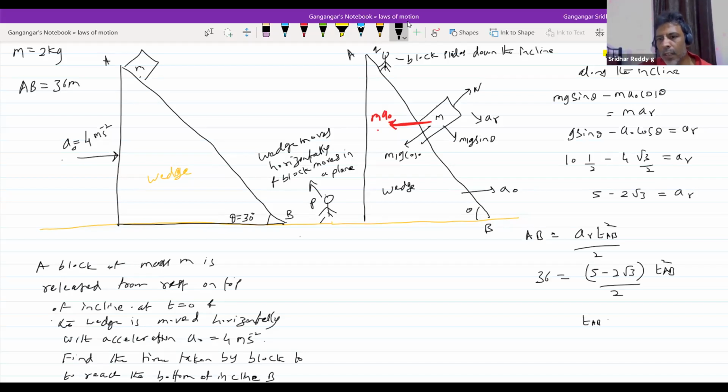So what is tAB? 72 by ar, the acceleration of the block relative to the wedge, because person Q is solving the problem, no? Acceleration of the block with respect to the wedge.